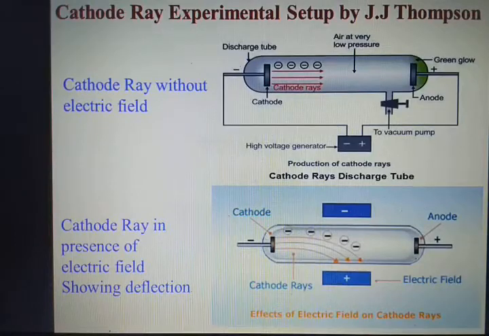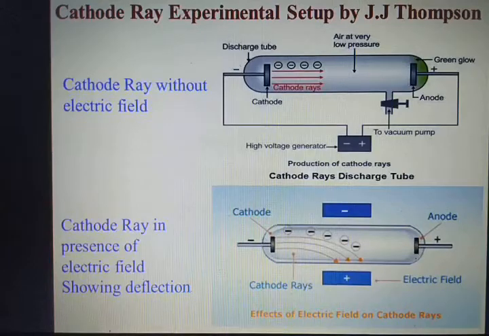Since it's getting attracted, the cathode rays must contain certain things which are getting attracted towards the positive plate. Okay.